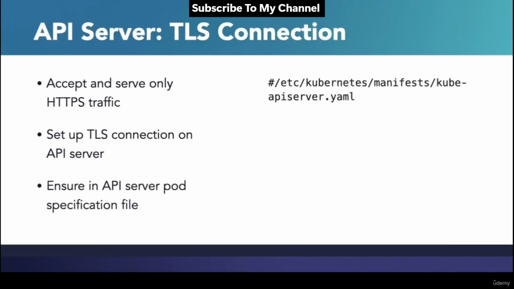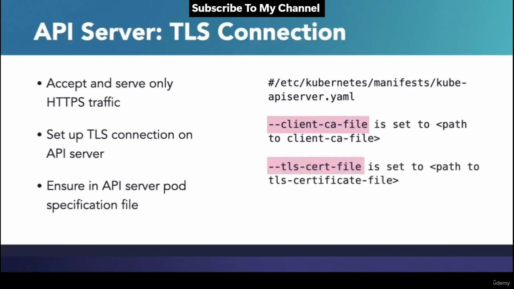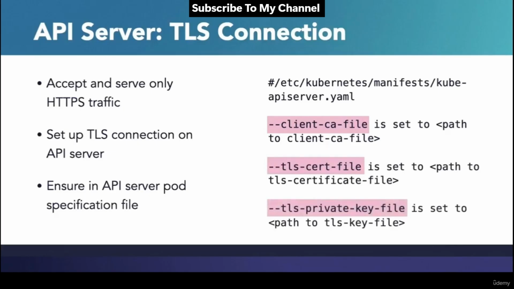Also, make sure in the API server specification file, the client CA file parameter exists and it points to the correct path of the file containing certificate authorities. Similarly, ensure that the parameters related to TLS certificate file and private keys are set appropriately.